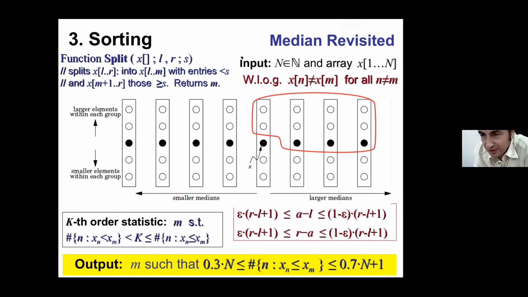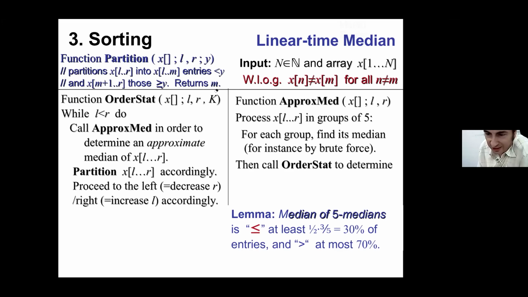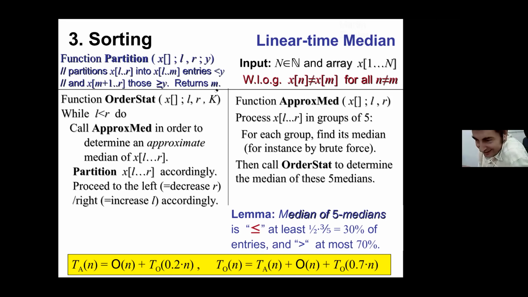Now how did we do this? You need an idea for that, and the idea is that you use two pieces. The one was the order statistics, giving you at the end a linear time order statistics for an unsorted array. The other one is this approximate median, which is the median of 5 medians.